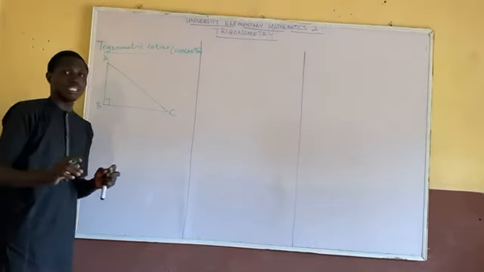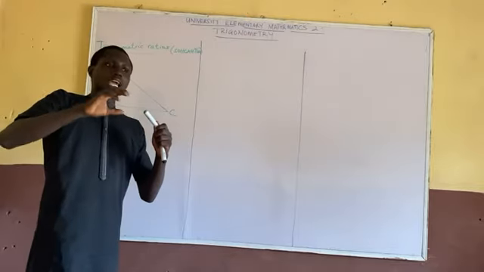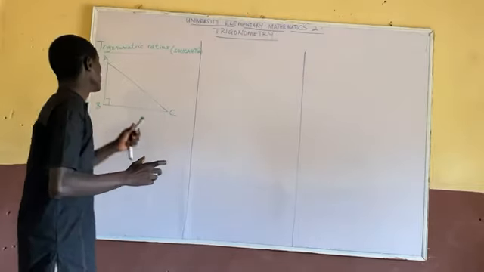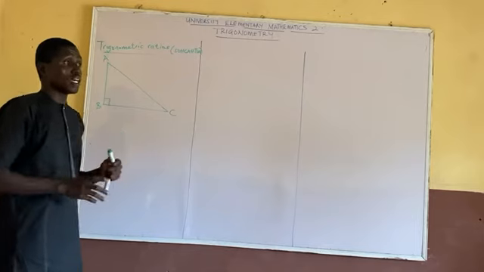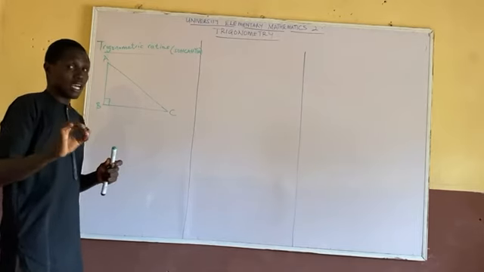When we are labeling a triangle, the capital letter is used for the angles, while the small letter is used for the side.